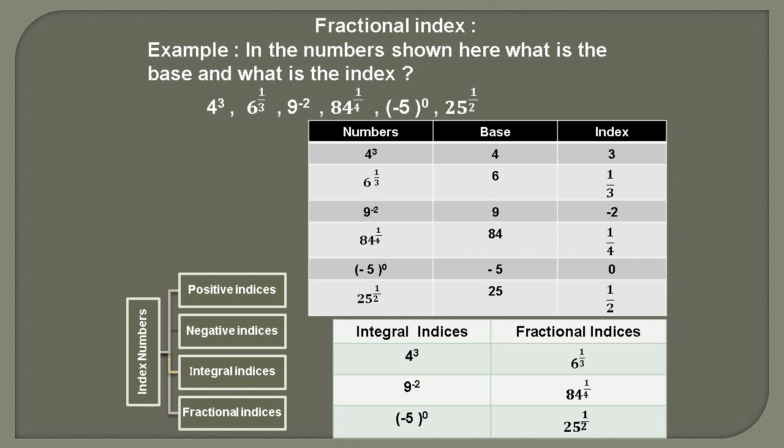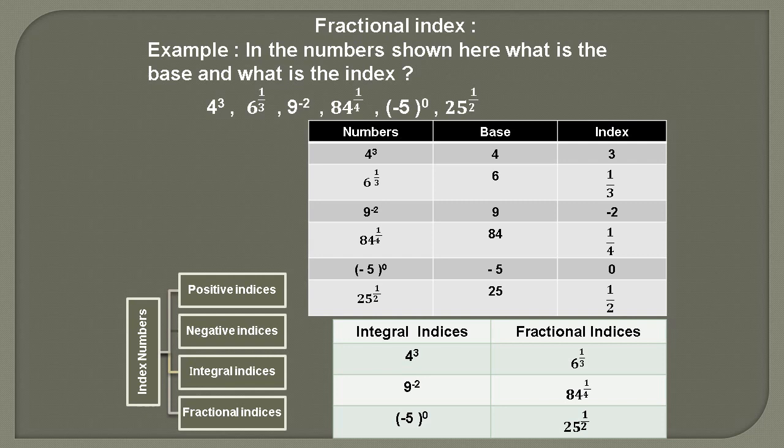In the next example, 84 raised to 1 by 4, here the base is 84 and the index is 1 by 4. In the next example, minus 5 raised to 0, the base is minus 5 and the index is 0. In the next example, 25 raised to 1 by 2, the base is 25 and 1 by 2 is the index.